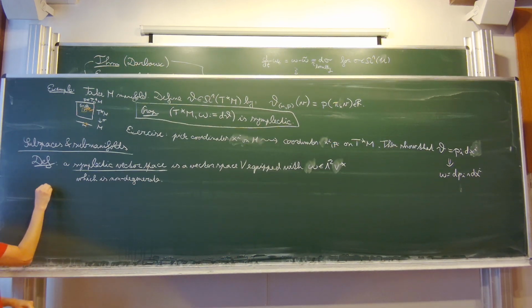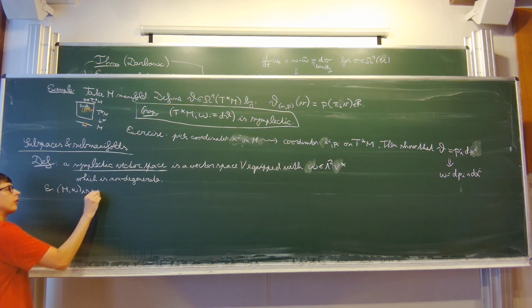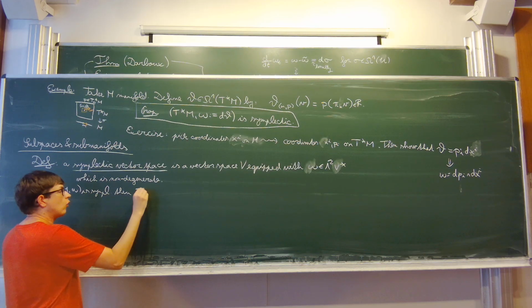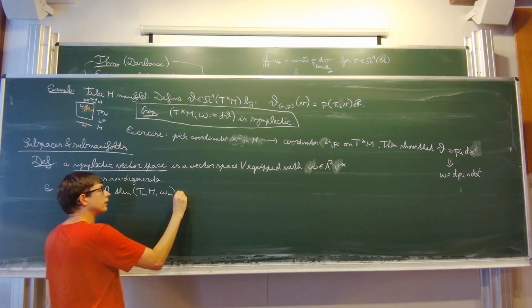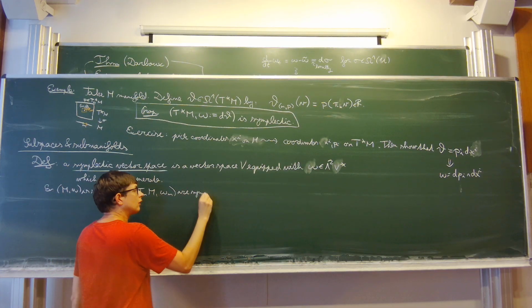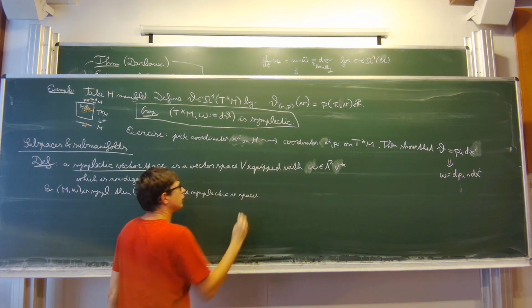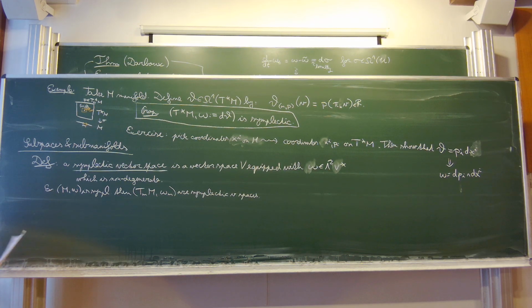So for instance, example: if M, omega is symplectic, then all tangent spaces with the corresponding omegas are symplectic vector spaces. They are a bit more, because if you put them all together, they assemble into an omega which lives everywhere and satisfies some non-trivial differential constraints. But in particular, at every point we get a vector space.